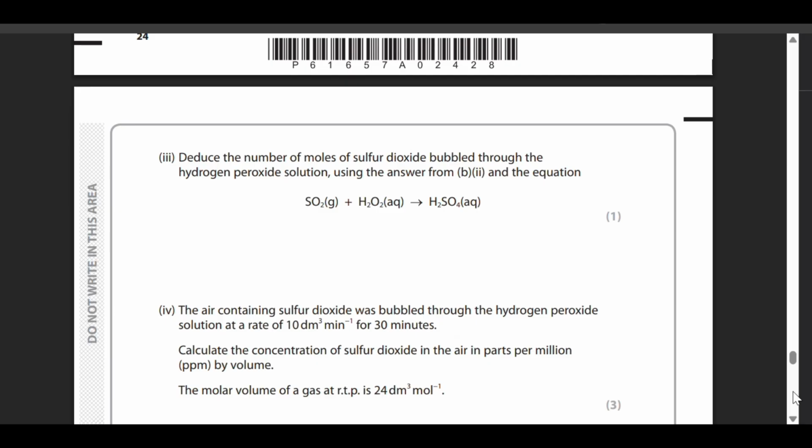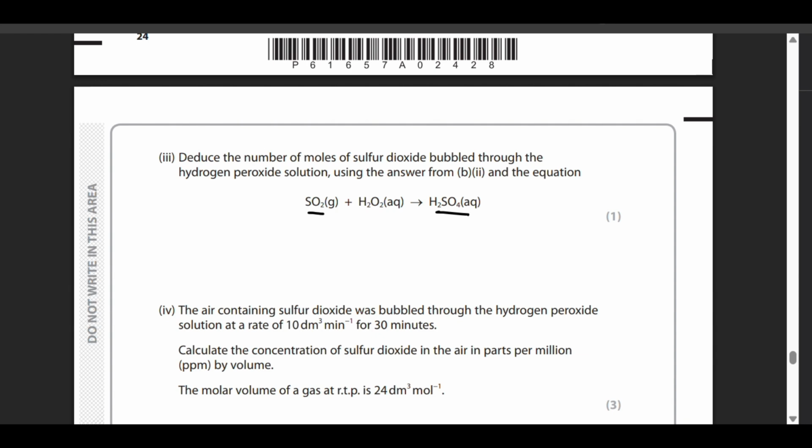Now next part, deduce the number of moles of sulfur dioxide bubbled through hydrogen peroxide solution using the answer to B2 and the equation. Okay, now you need to find out the number of moles of sulfur dioxide. Look at the equation, 1 mole of sulfur dioxide forms 1 mole of sulfuric acid.